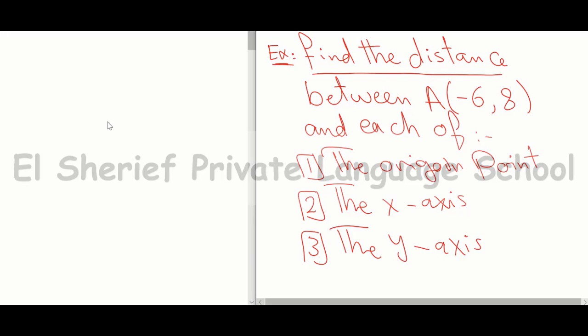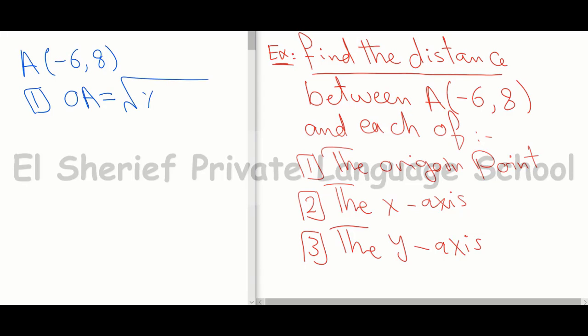For number 1, its distance with the origin point: we know before that the distance OA, between O and A, equals the square root of x power 2 plus y power 2. It means the square root of negative 6 all power 2 plus 8 all power 2. It will be equal to 10 unit lengths.